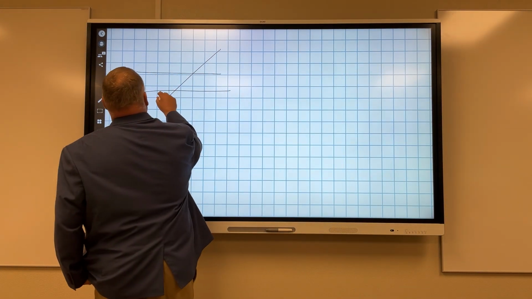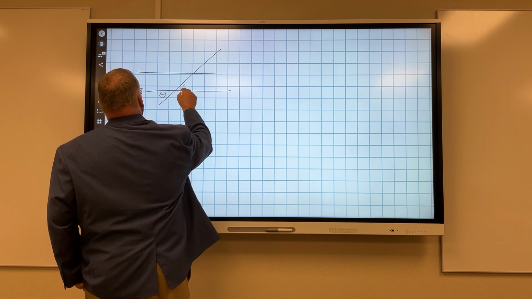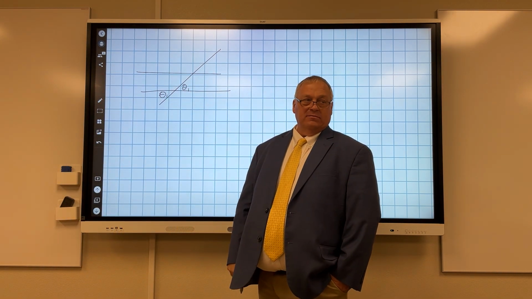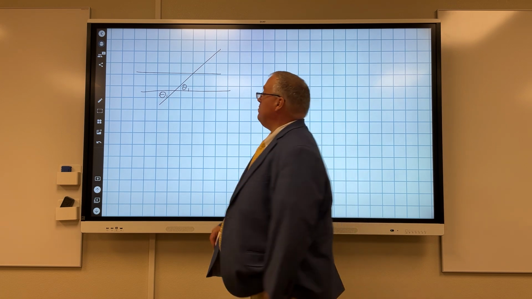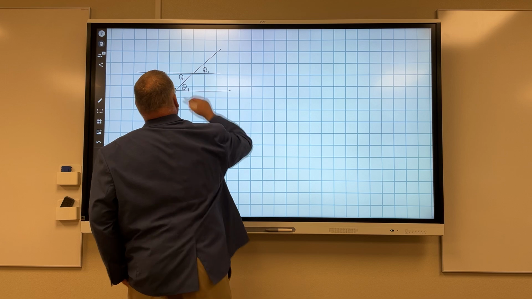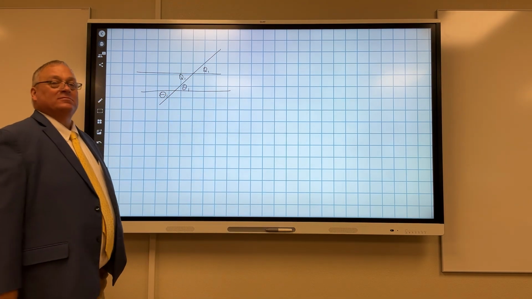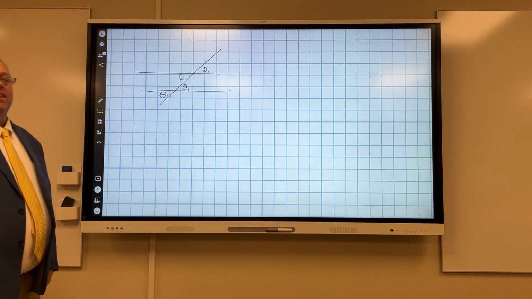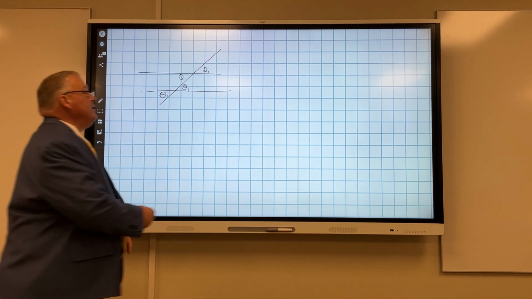How can I describe the angles there? I can say that this angle is equal to that angle, right? Which makes this angle equal to that angle. Oh, why not put Q? Well, Q will work. And guess what?